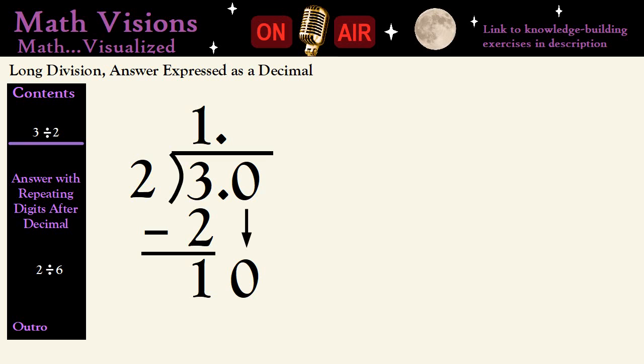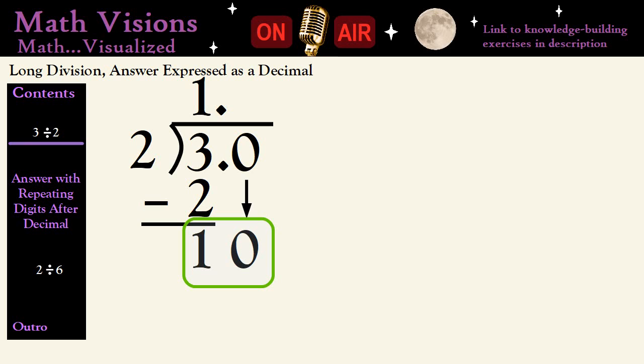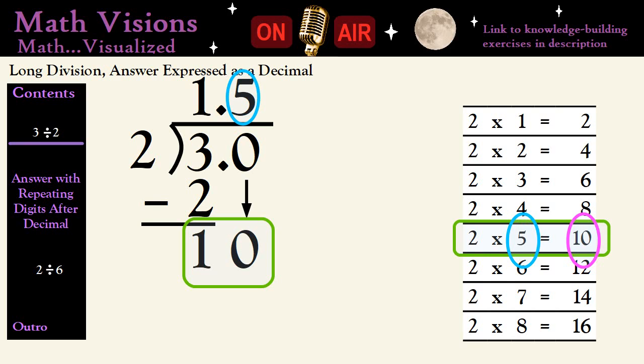Now we focus on how many times 2 can go into 10 without going over. Since 2 goes into 10 5 times without going over, we write 5 above our new 0 in the dividend.